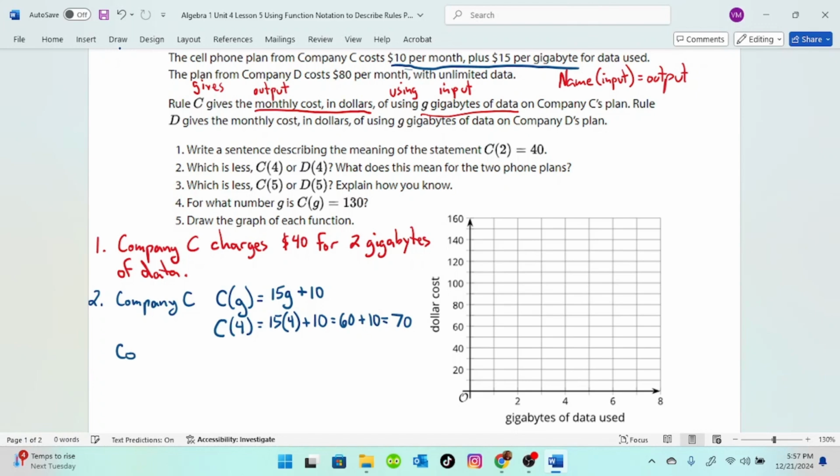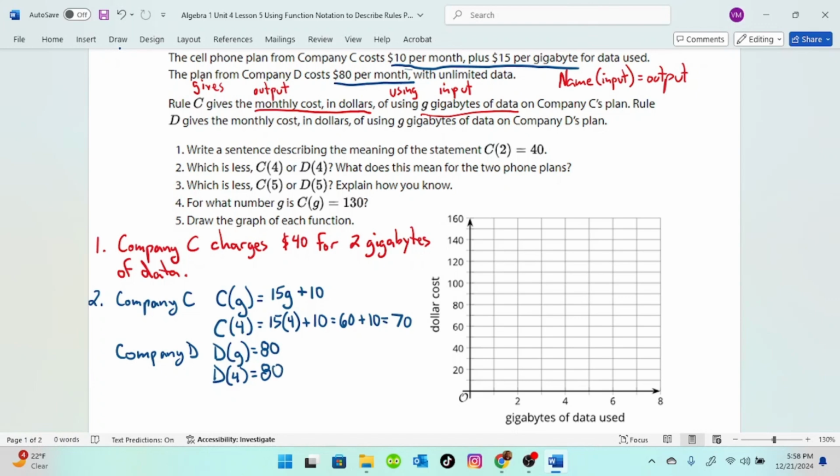If I want company D, then D of G equals $80 per month with unlimited data. So it equals 80. That means D of 4 equals 80.